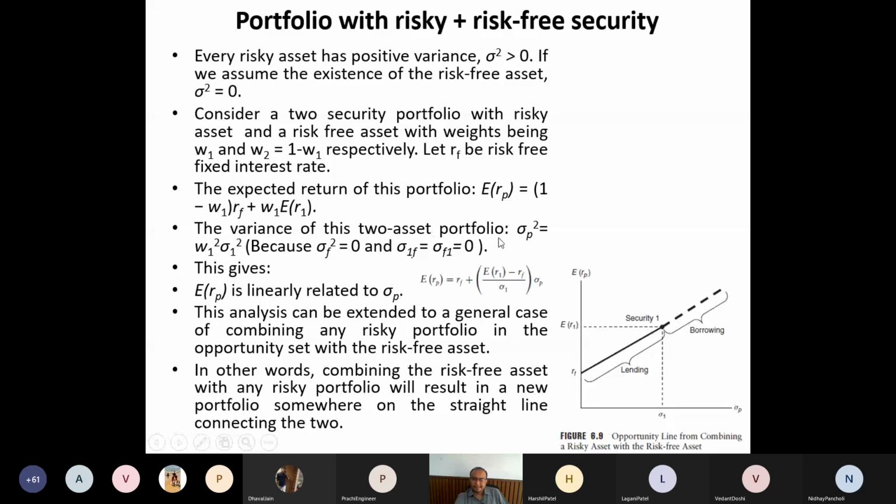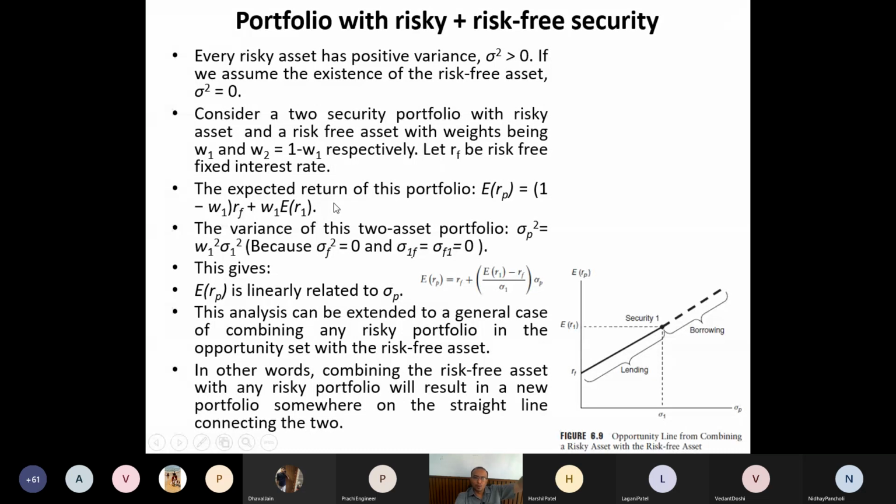Similarly, the variance of this two-asset portfolio, sigma P square, is equal to W1 square sigma 1 square plus W2 square sigma 2 square. But what is sigma 2 square? Sigma 2 square is 0. There is no risk with it. So that is also 0, because the risk associated with the risk-free security, sigma f square, is 0. Also the covariance sigma 1f or sigma f1 is 0. There is no covariance between the risky asset and the risk-free asset.